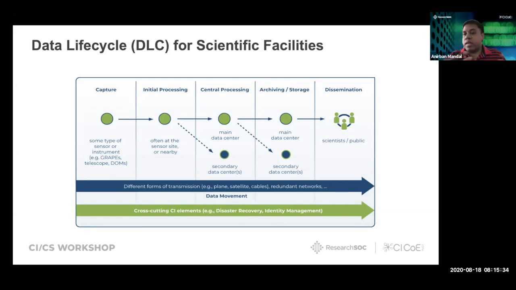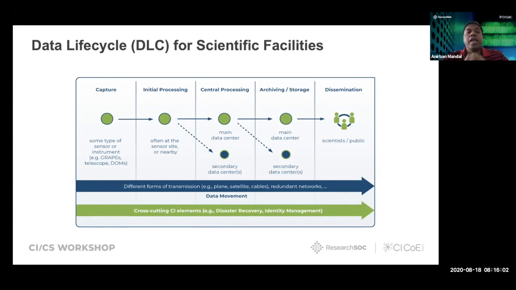Another cross-cutting element that comes up a lot in our discussions is how you actually support FAIR data principles in this framework. Having FAIR attributes is an important concern for large facilities to satisfy.